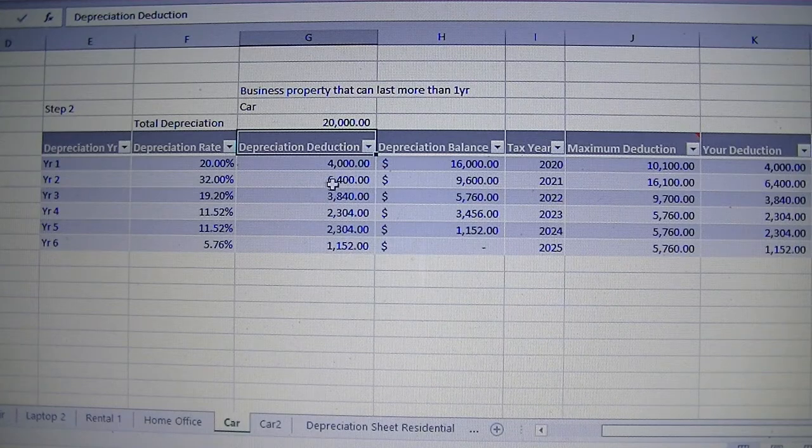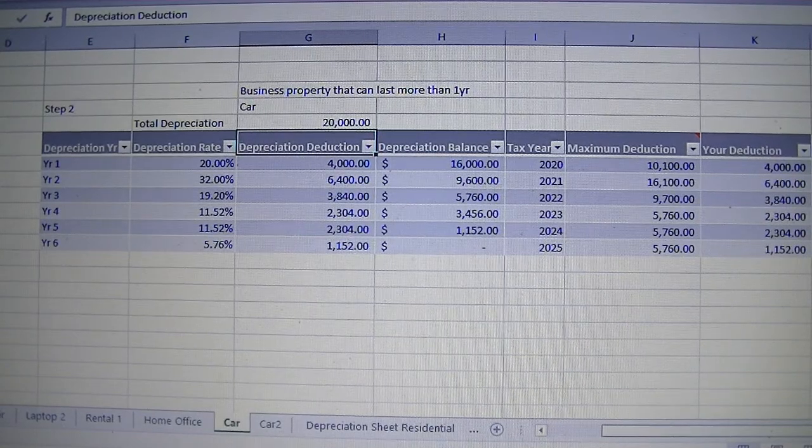Depreciation balance is just going to take that 20,000 basis for depreciation, the starting amount, minus 4,000 for the first year, and the balance minus 6,400 for the second year. But for the car, you are not going to really pay attention to the depreciation balance and the depreciation deduction in this session.